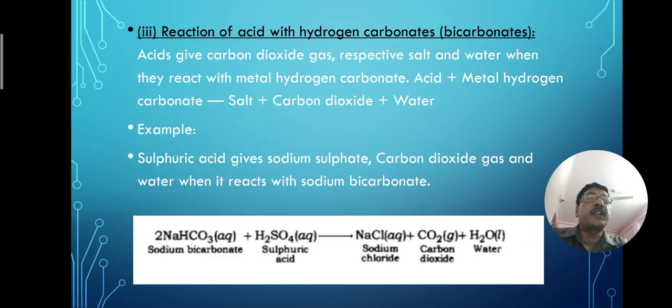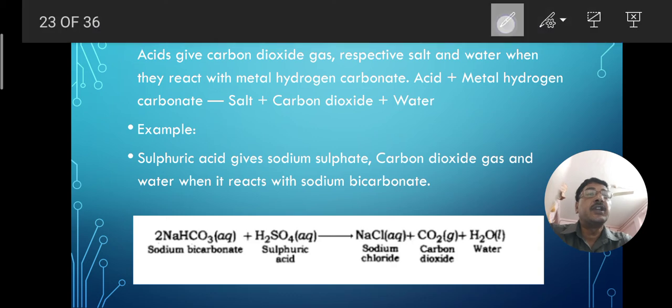Now come to another point, the reaction of the acids with the hydrogen carbonate. We have seen in the previous slide the reaction of acids with the metal carbonate; here it is hydrogen carbonate. Now in the case of hydrogen carbonate, what will happen?